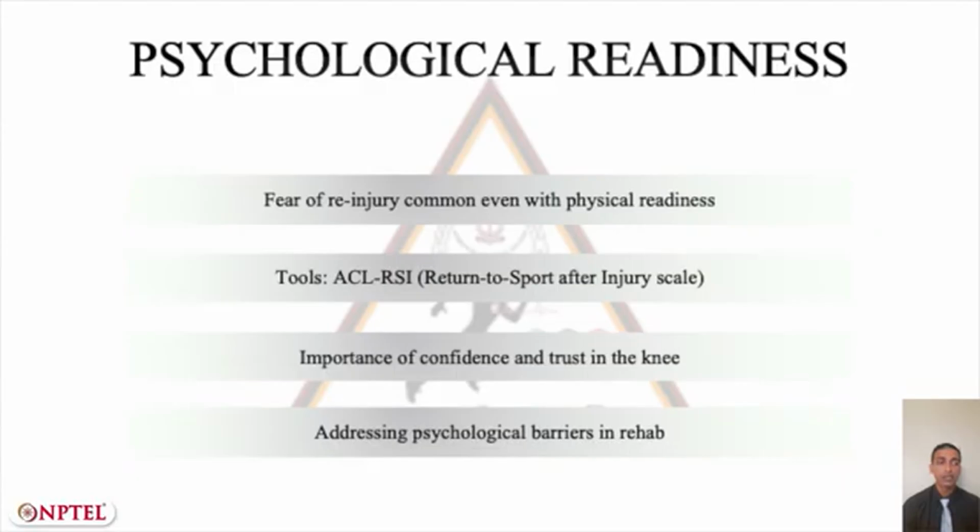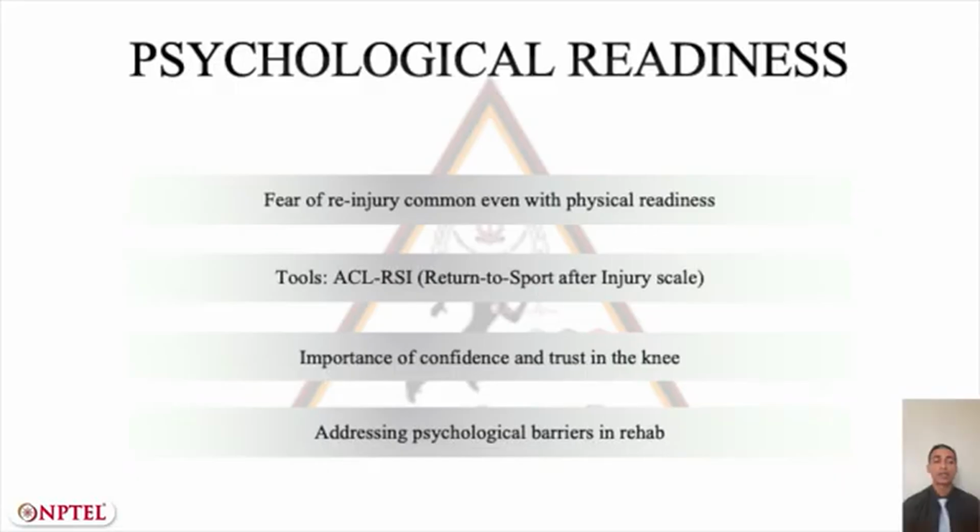Higher scores indicate greater confidence and readiness. A cutoff of more than 65 points is often associated with successful return to sport, whereas lower scores suggest psychological barriers and higher re-injury risk.